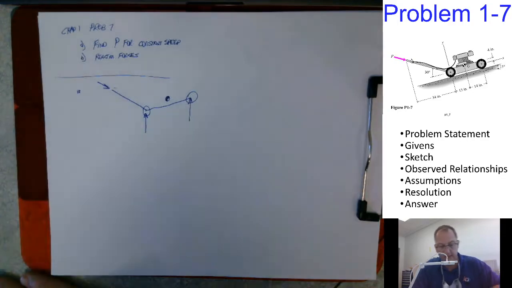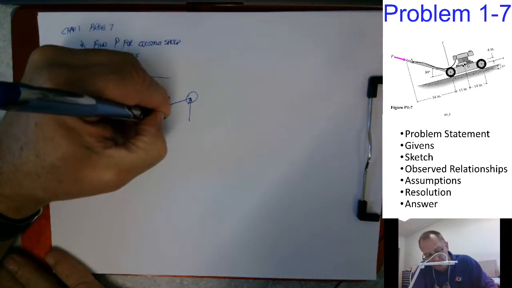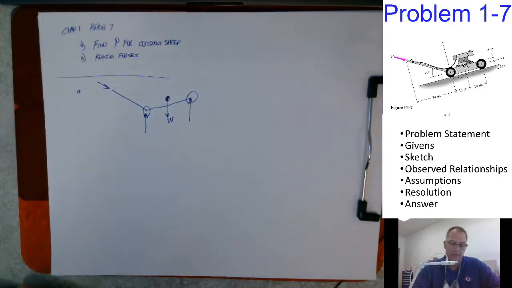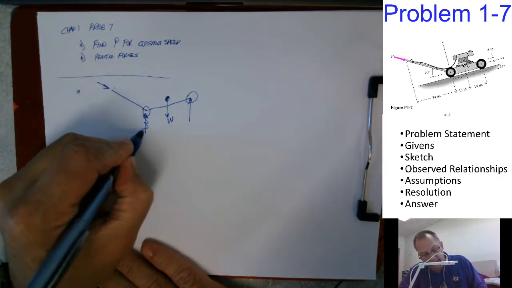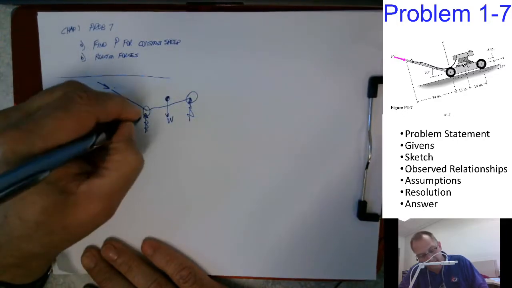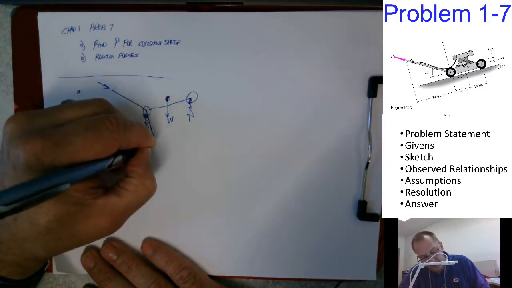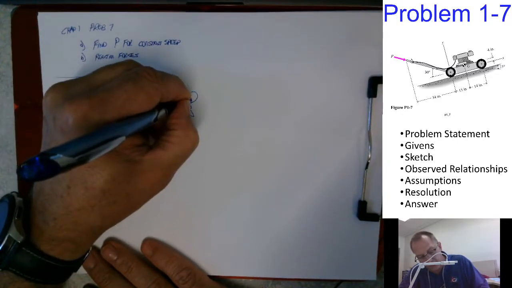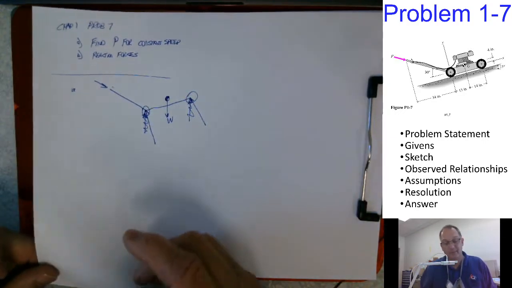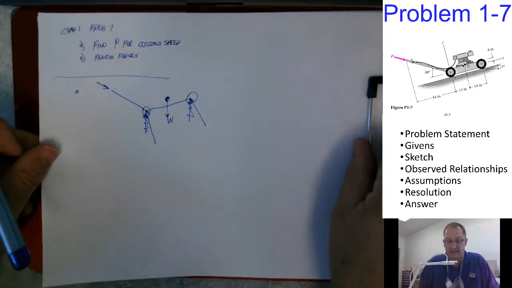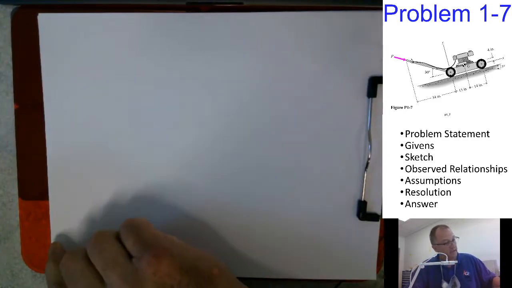Is that a free body diagram? I got a weight force acting down. Actually, these forces don't act that way. These forces act this way, normal to the ground. Which, you know what, that's why you don't use pen, but I tried using pencil and I just didn't get the contrast. So you ready? Here we go. Start over.